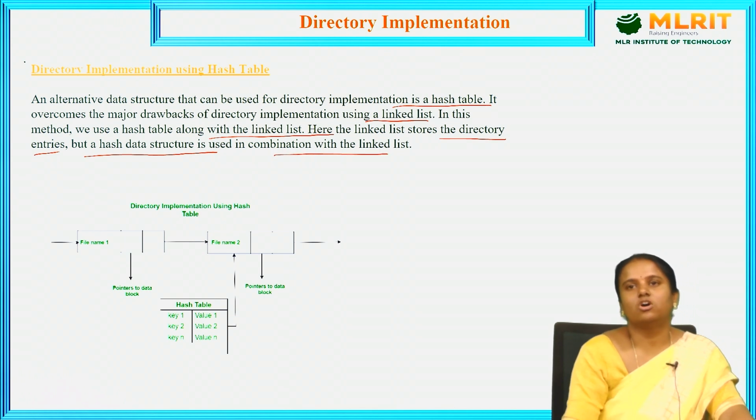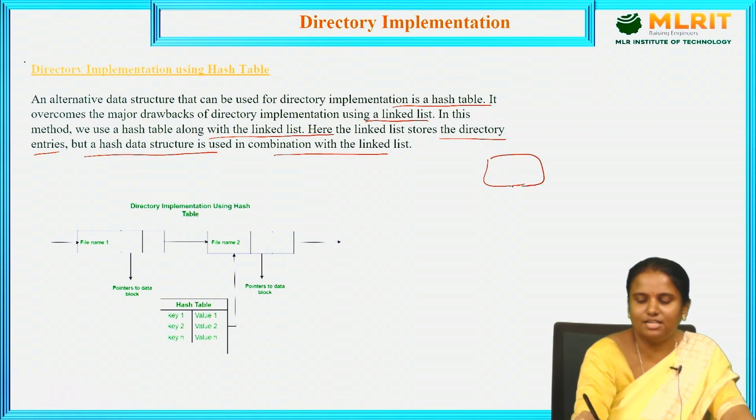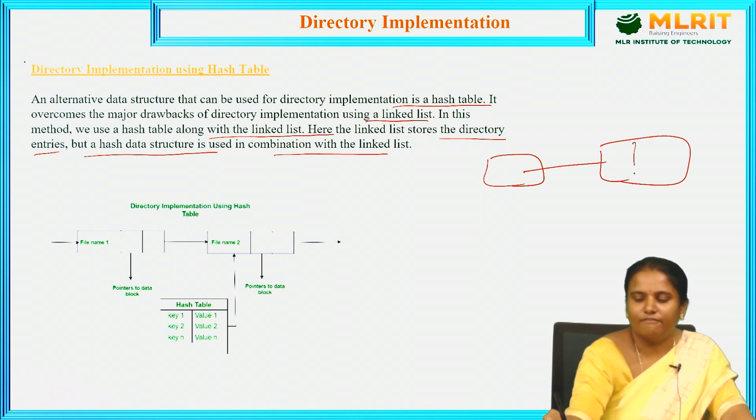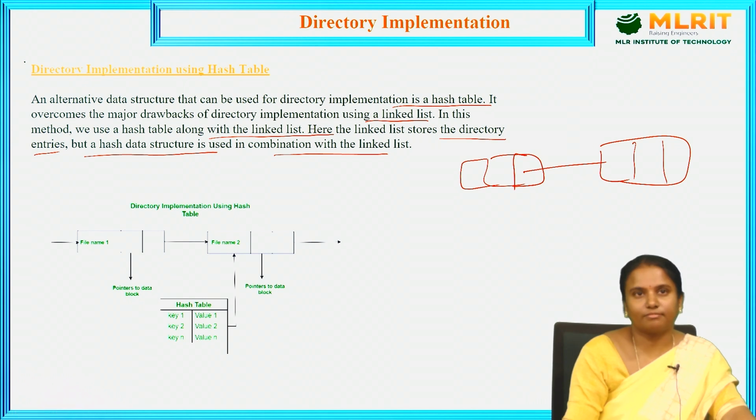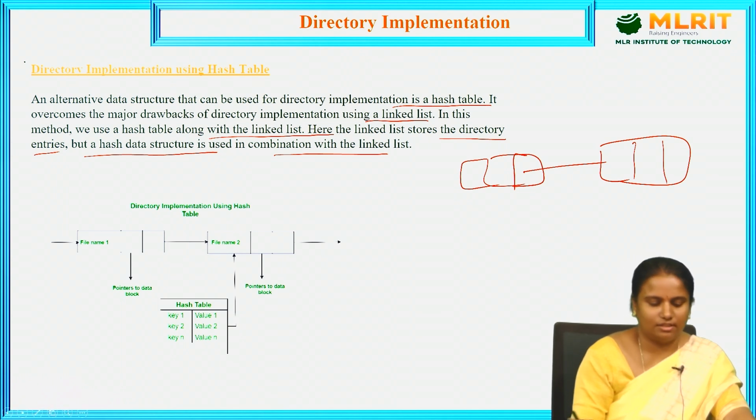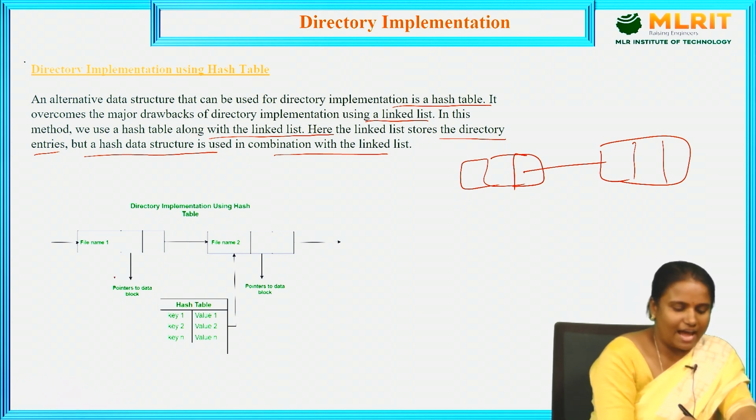In the previous session, we had mapping with a single linked list to another file, whereas we were not taking any hash table or any other file values. By combining with the linked list, we are taking one hash table, nothing but key and value of the file. So file name, pointers to data blocks, and one hash table with key value.